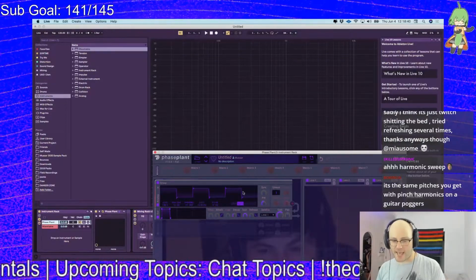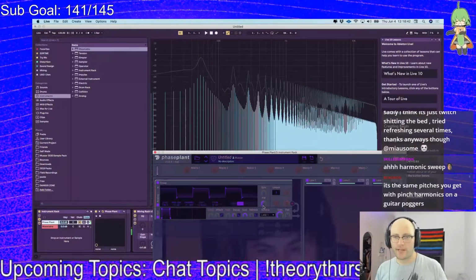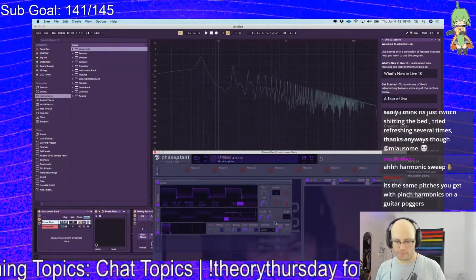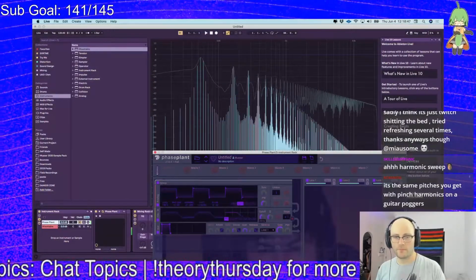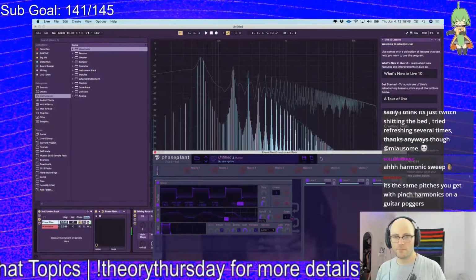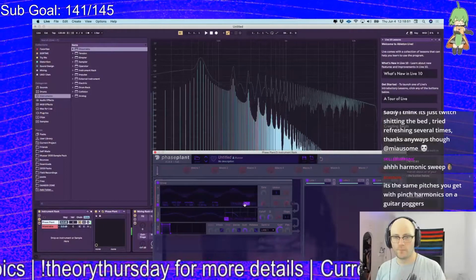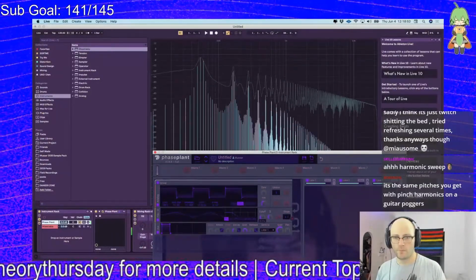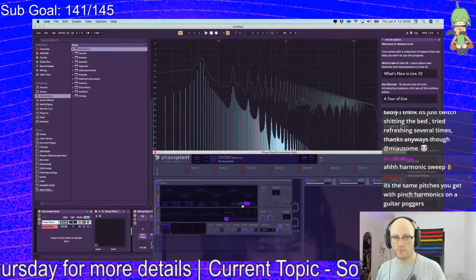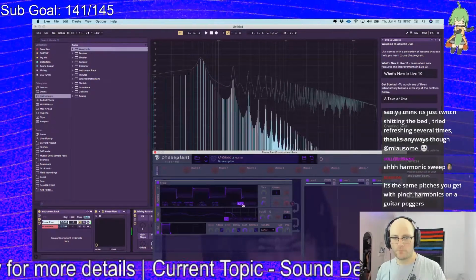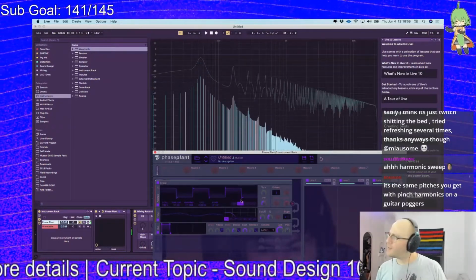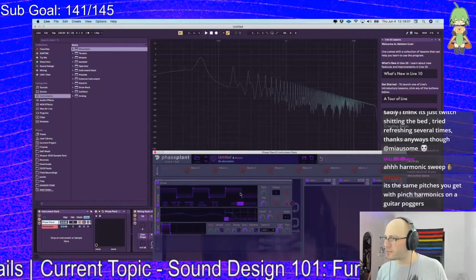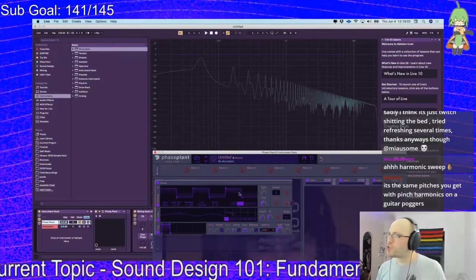If I take a square wave and I apply a filter to it, there's very little tonal difference between these two sounds right now.